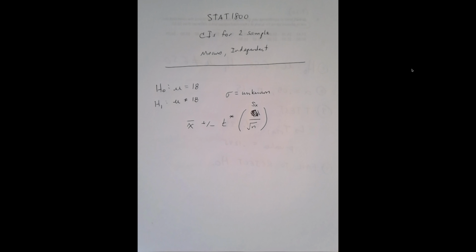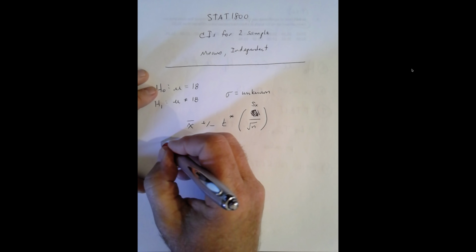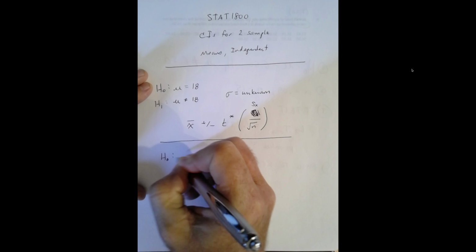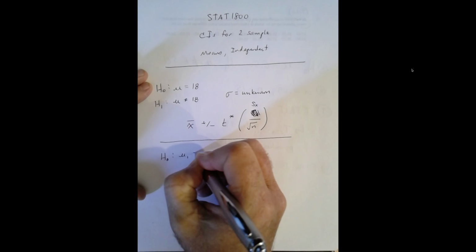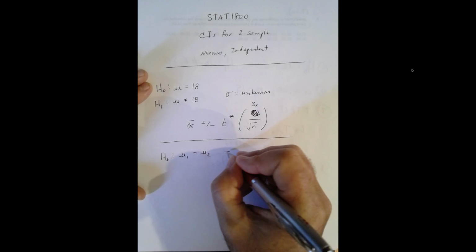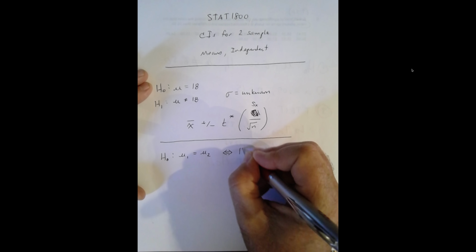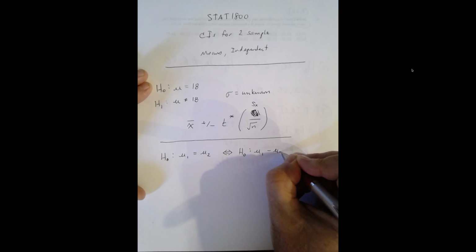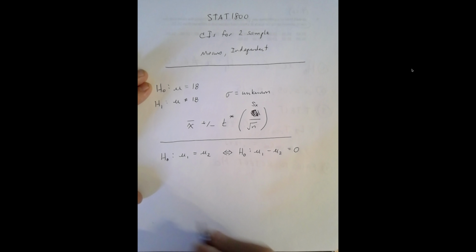So what we need to do is think about this new problem where we have a null hypothesis, mu1 equal to mu2, which again is equivalent to H sub 0 mu1 minus mu2 equals 0.